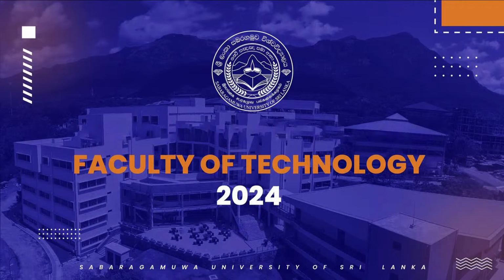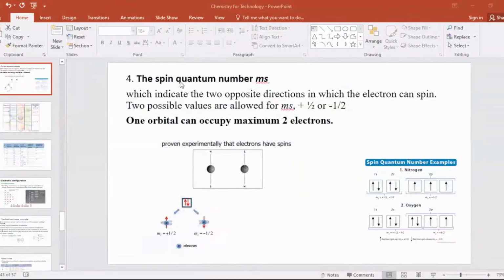I think up to spin quantum number you have learned. Today, I'm going to discuss how to write the electronic configuration of an element. I think you have all gone through the O-level grade 10 science book syllabus.